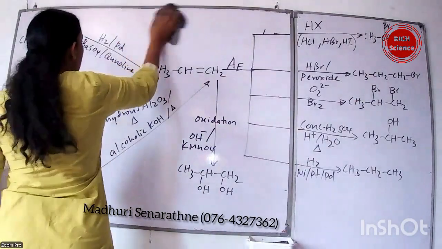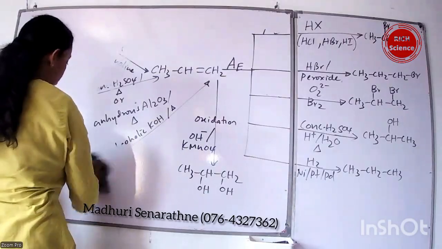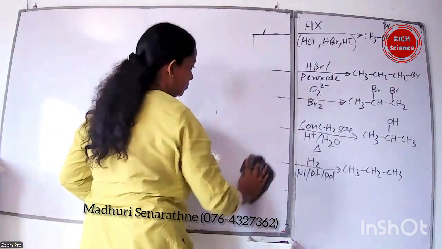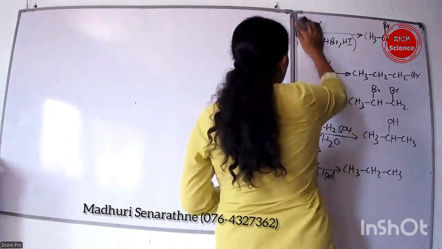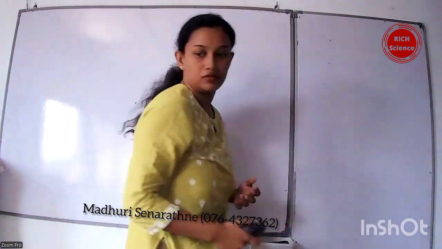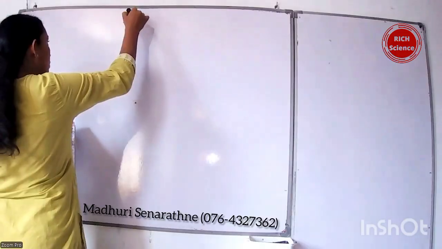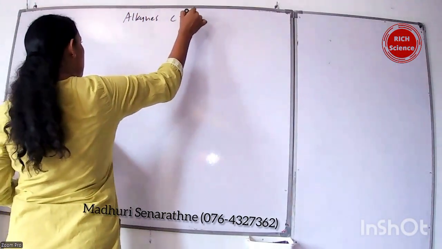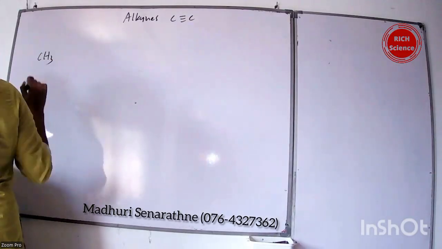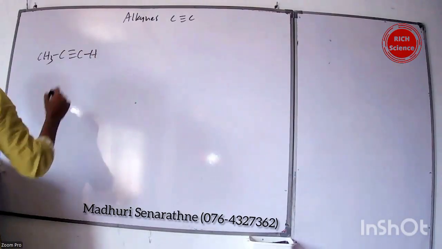Next one, alkynes. Alkynes mean organic compounds having a carbon-carbon triple bond. Imagine we take this alkyne CH3 triple bond CH.